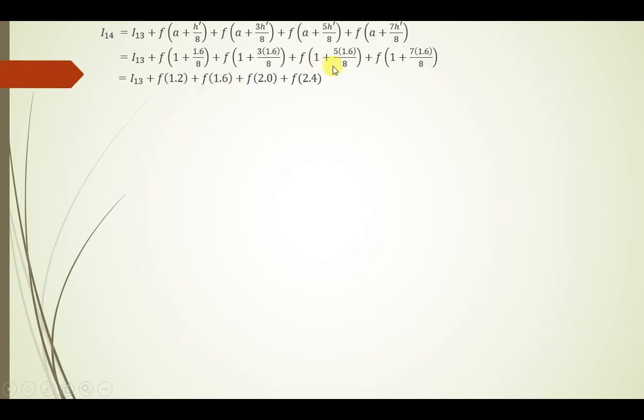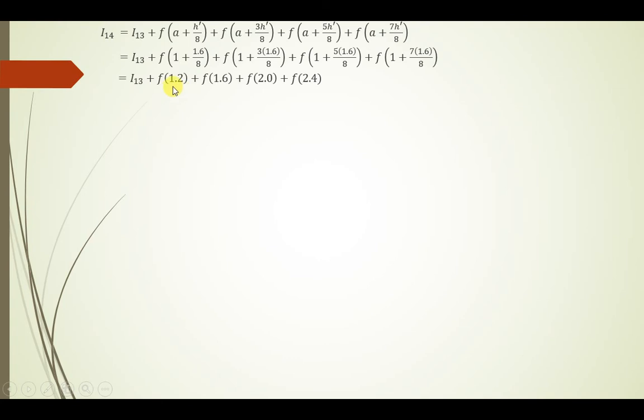And from here, 1.6 by 8 is 0.2, 0.2 multiplied by 5 is 1.0, 1.0 plus 1 is 2.0, so that is f of 2.0, and the same thing is here. So that is I13, f of 1.2, f of 1.6, f of 2.0, and f of 2.4.